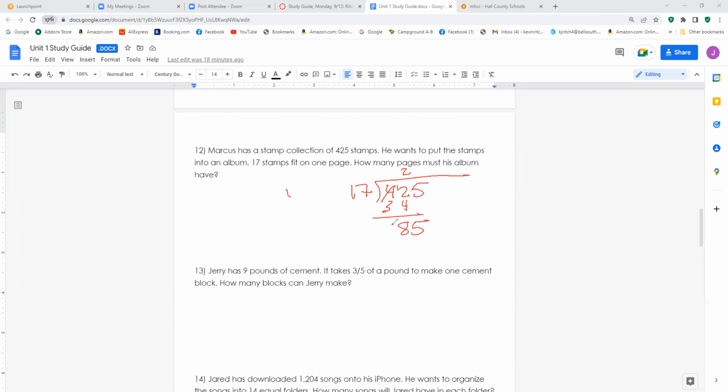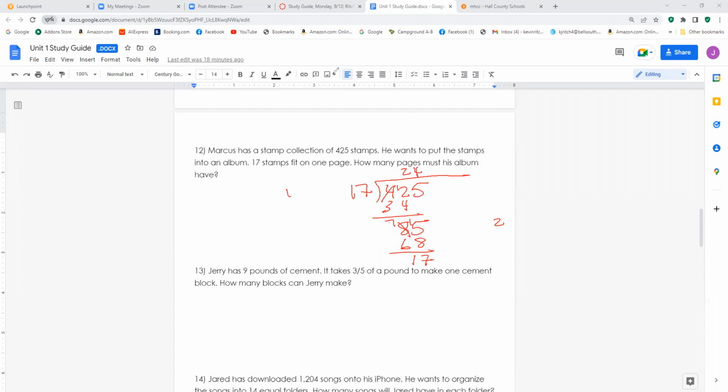How many times would 17 go into 85? Maybe 4 times. I think 4 times. 4 times 7 is 28. Carry the 2. 4 times 1 is 4, plus 2 is 6. So this becomes a 7, and it's not enough.